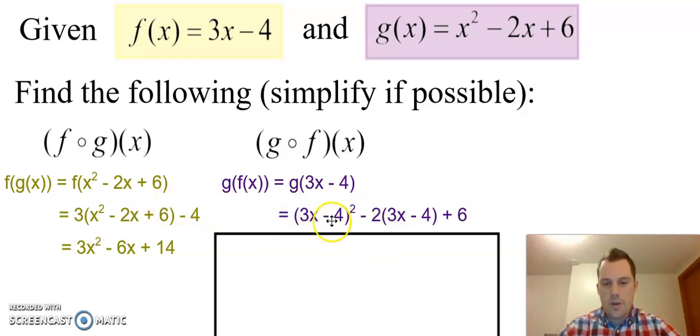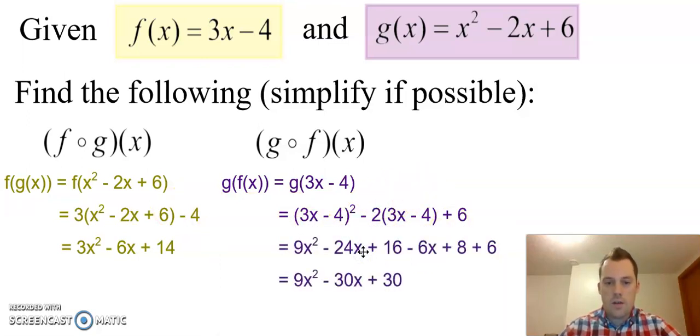We have to do 3x minus 4 times 3x minus 4, and then distribute the negative 2. Once we combine like terms, we end up with this when we square this binomial, and then distribute here. We get these two terms plus 6, combine them all, and we get 9x squared minus 30x plus 30, which is clearly different than this one here.